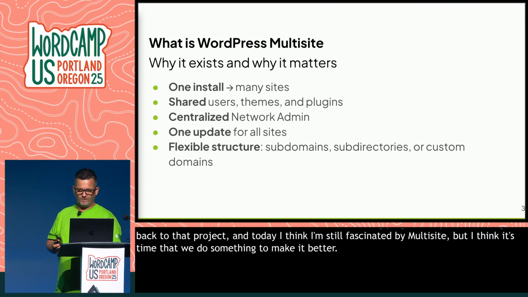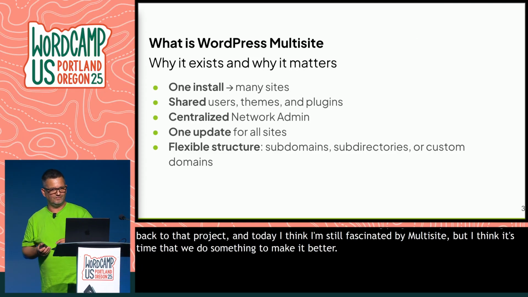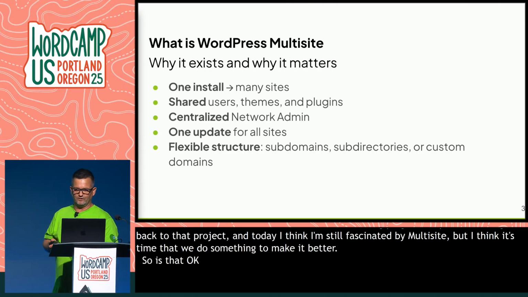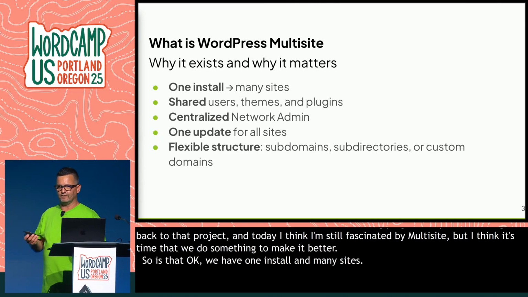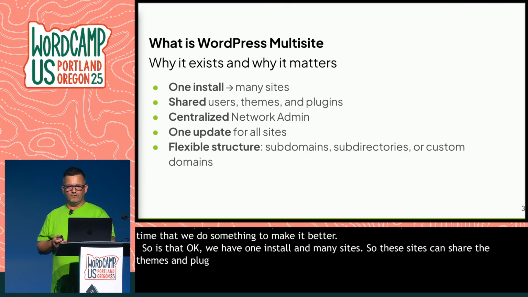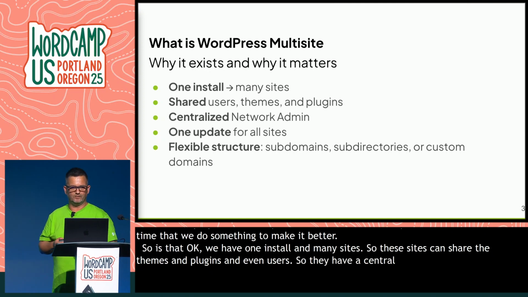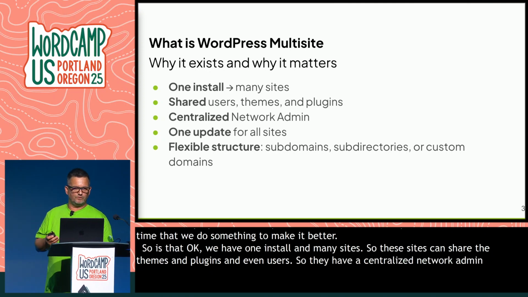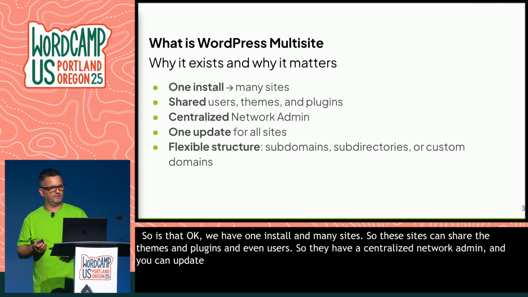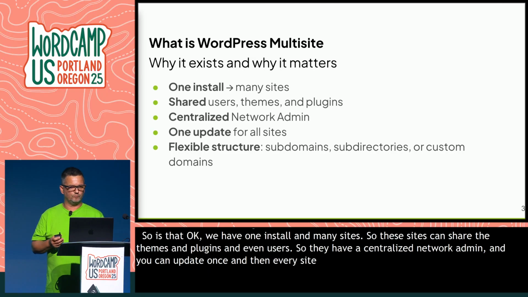So, we have one install and many sites. These sites can share their themes, plugins and even users. They have a centralized network admin, and you can update WordPress once, and then every site in that network gets the update.